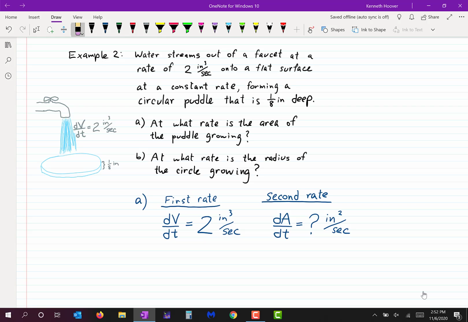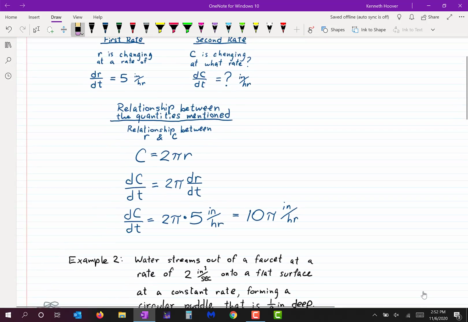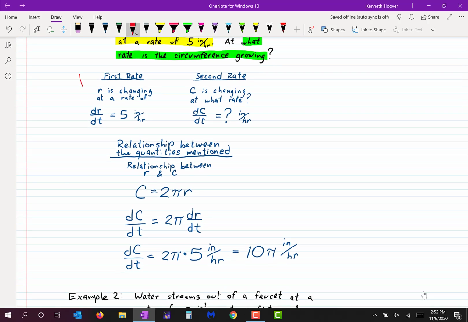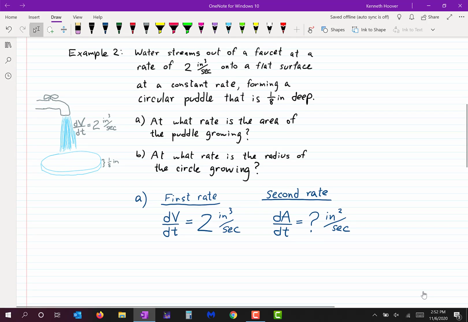Okay, and now what did I say as the third part? Look up at this problem again. So we wrote down the first rate, we wrote down the second rate. The next step is to find a relationship between those quantities. Okay, so let's go down here. What are our quantities that we're talking about? We're talking about volume.